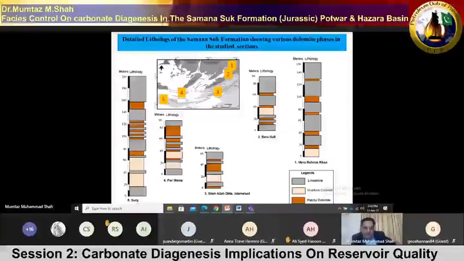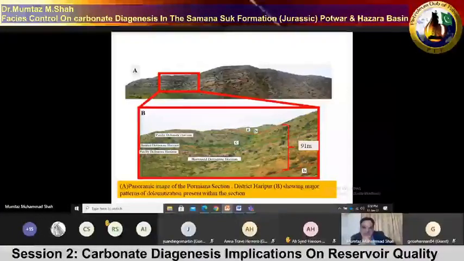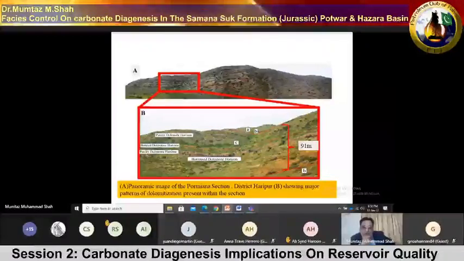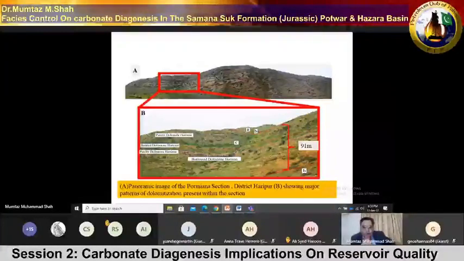Then the second outcrop is the Formiana outcrop section, where we have an excellent example of different facies of limestone as well as dolostone, which range from very coarse grain granular limestone to very fine grain mud dominated limestones.